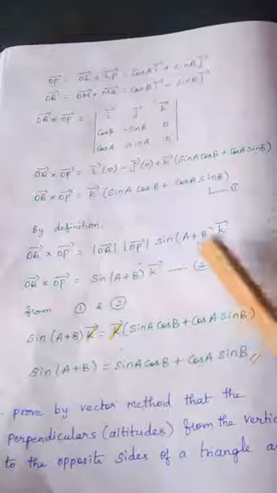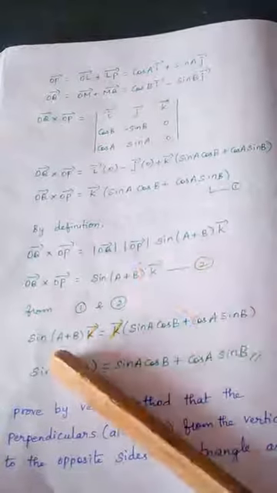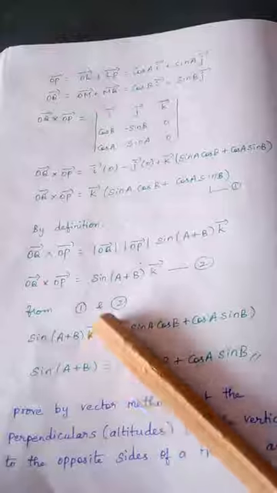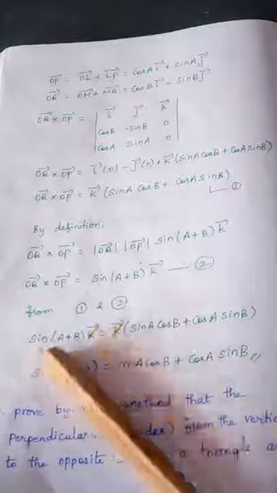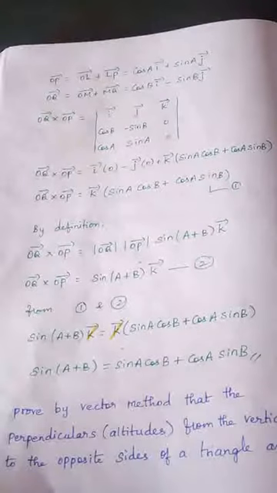So only this remains. From the first equation and second equation, see both the equations' LHS are the same. Therefore I can equate RHS. So write this RHS and write this RHS and equate them. k gets cancelled, and sin A plus B is equal to sin A cos B plus cos A sin B, which is the result that we needed to prove.